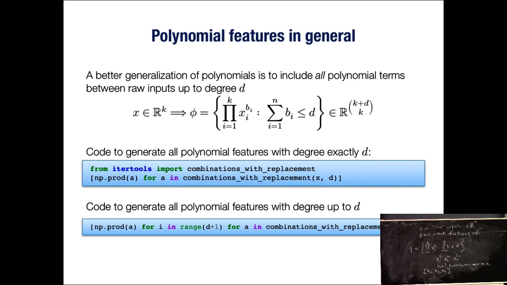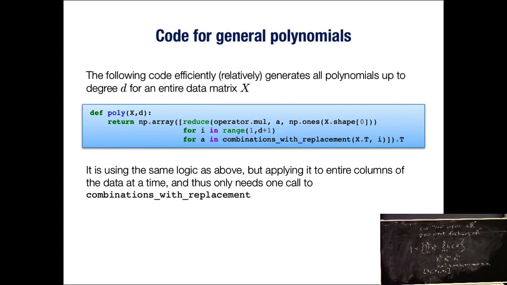So here's the one line, though it breaks over multiple lines in my slide, that you can run to generate all polynomial features up to degree d from an entire data matrix with one call. All it does is make that call over the columns and then multiply each column separately, so you are grouping by columns and then forming individual polynomials on the columns.